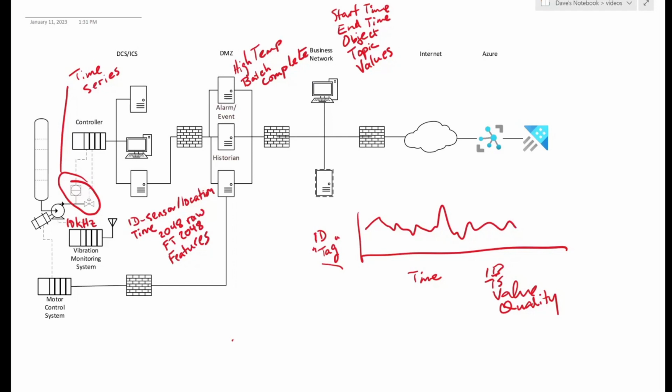Now, in addition to this, there is metadata. And the simplest form of metadata, for any given measurement, is the engineering units. It matters whether this is in degrees Celsius or degrees Fahrenheit. It matters whether it's in feet per second or meters per second, and so on. So engineering units, there's also things like validity limits.